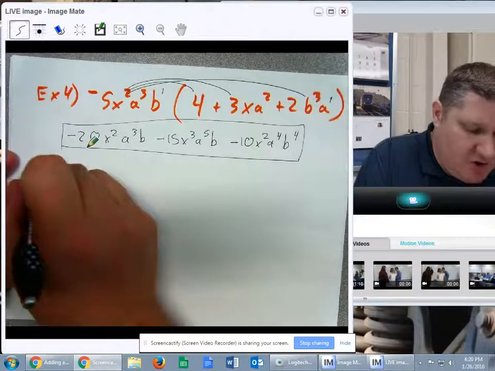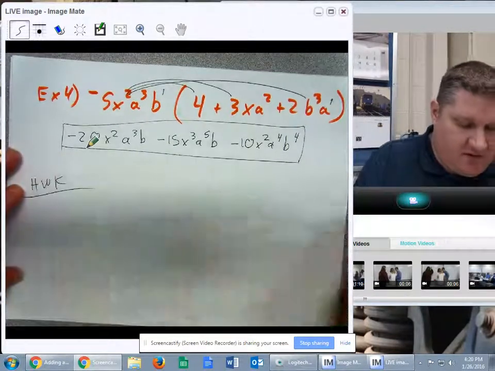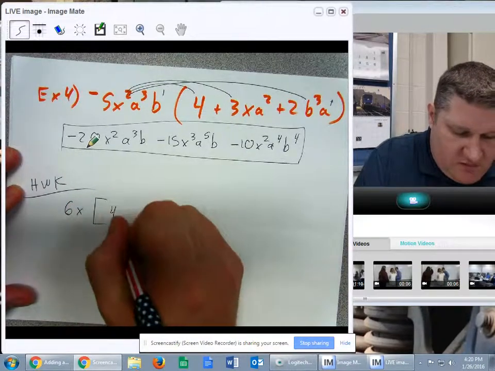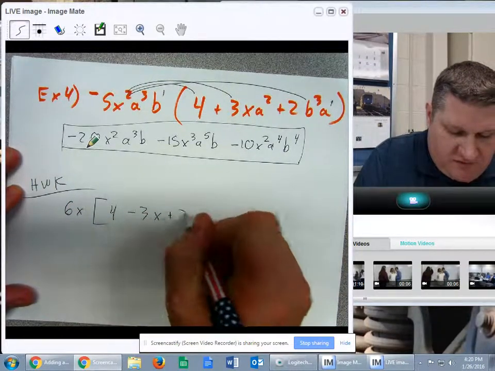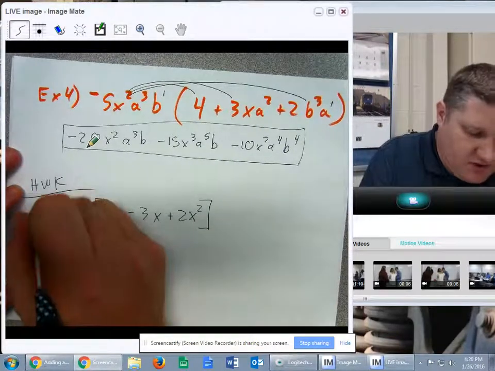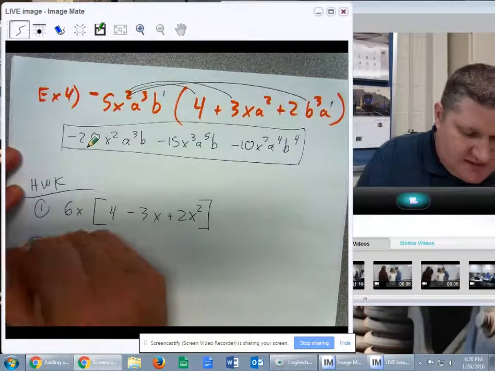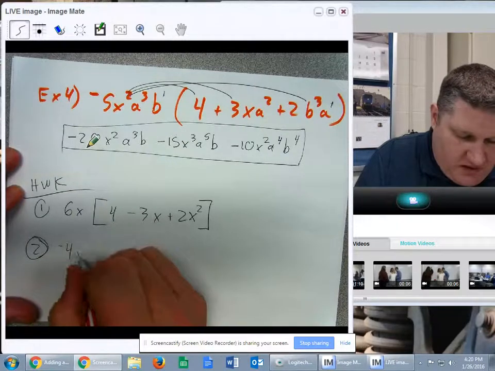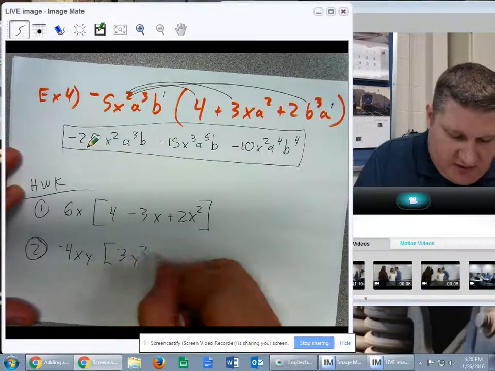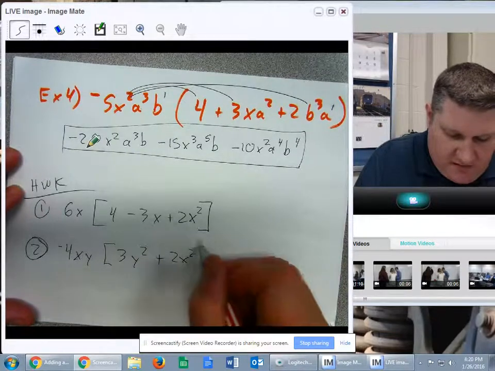Here we go. I got a couple homework problems for you. Let's go ahead and kick a few of these out. Number 1: 6x times 4 minus 3x plus 2x squared. Okay, there you go. Number 2, you get negative 4xy times 3y squared plus 2x squared.